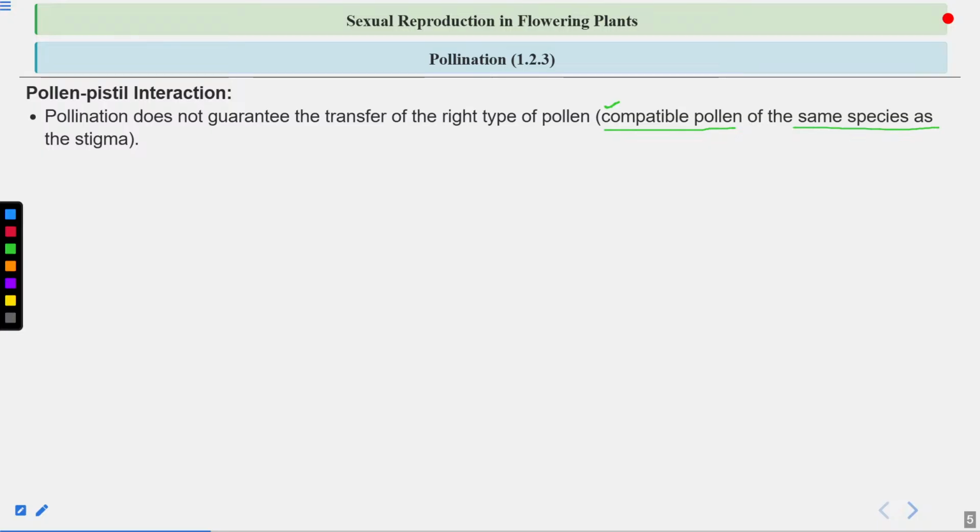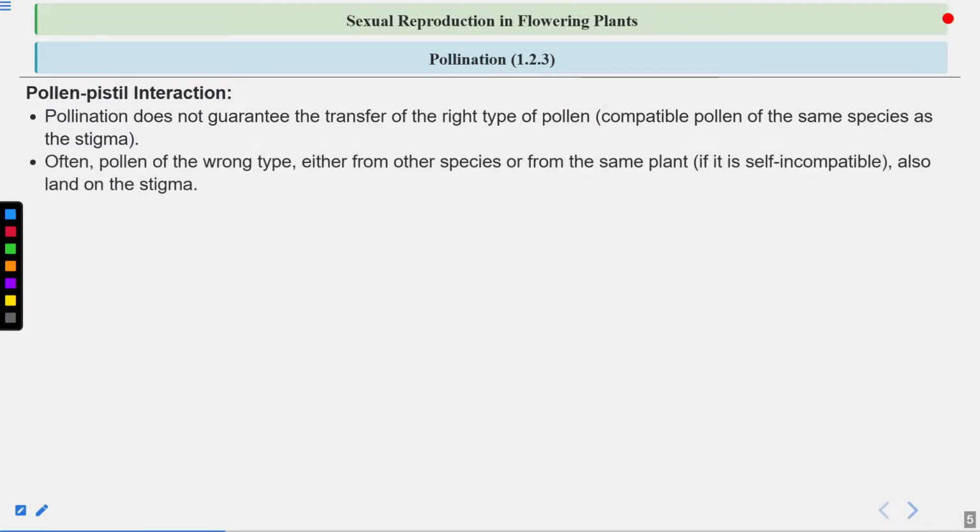The second thing: if the pollen is transferred from one genus of flower to another genus of flower, then also the pollen will not be compatible. So the right type of pollen they are talking about is pollen that should be compatible. So we have discussed two things here.